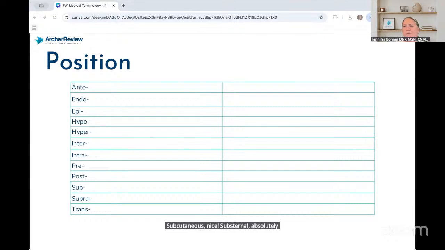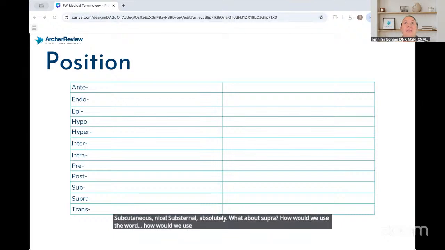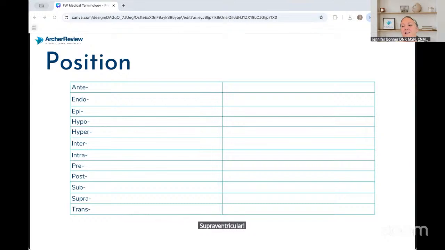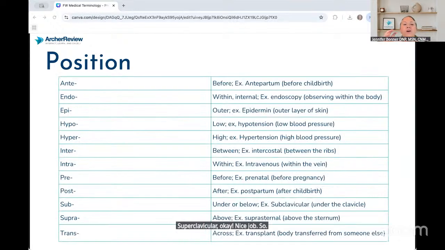What about supra? How would we use the prefix supra? Supraventricular. Supraventricular, you got it. Nice. Supraclavicular. Okay. Nice job.